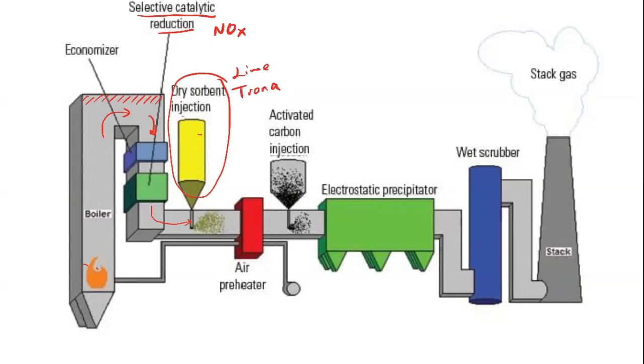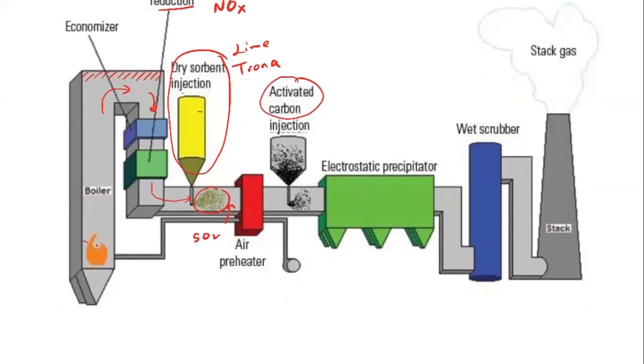It doesn't involve any slurry or forming the gypsum. So we're just directly introducing these reactants into the flue gas and then letting the sulfur dioxide react with this solid here. Okay. So after this process, we can further introduce some activated carbon, but this is not required for your project. And then these additional PM.